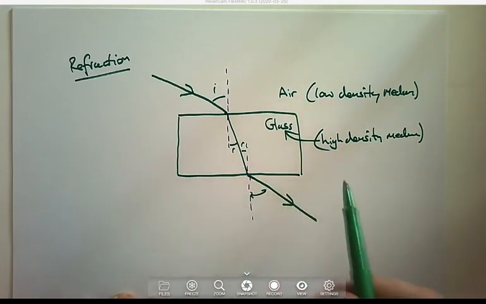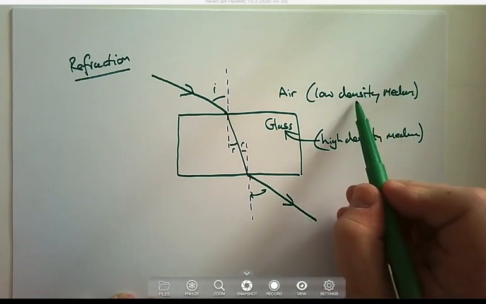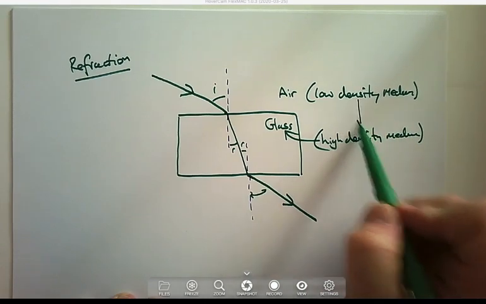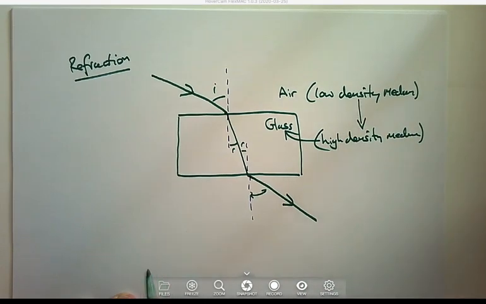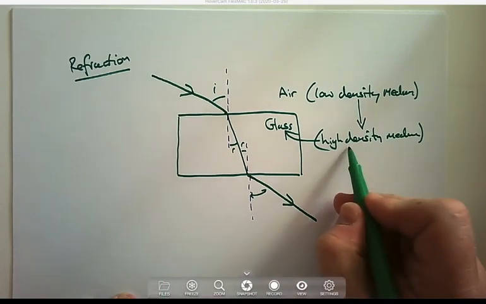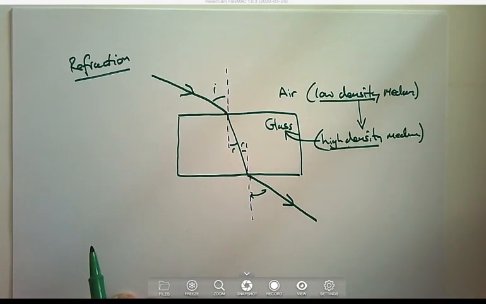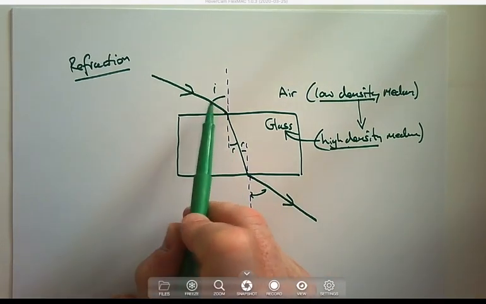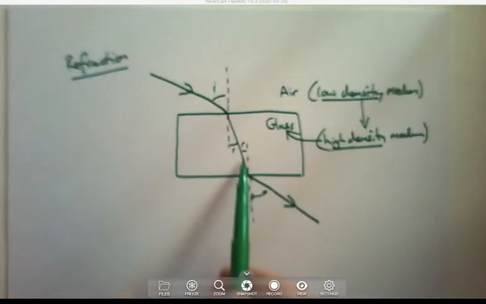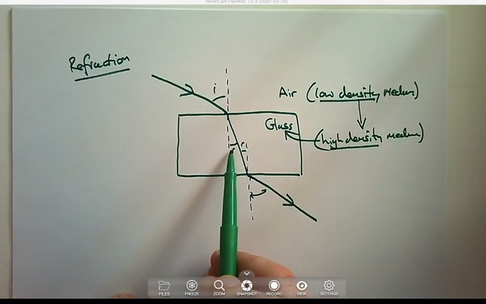And when light travels from a low density to a high density, it slows down. Light goes slower in higher density than lower density. We see this as the light ray moving towards the normal.